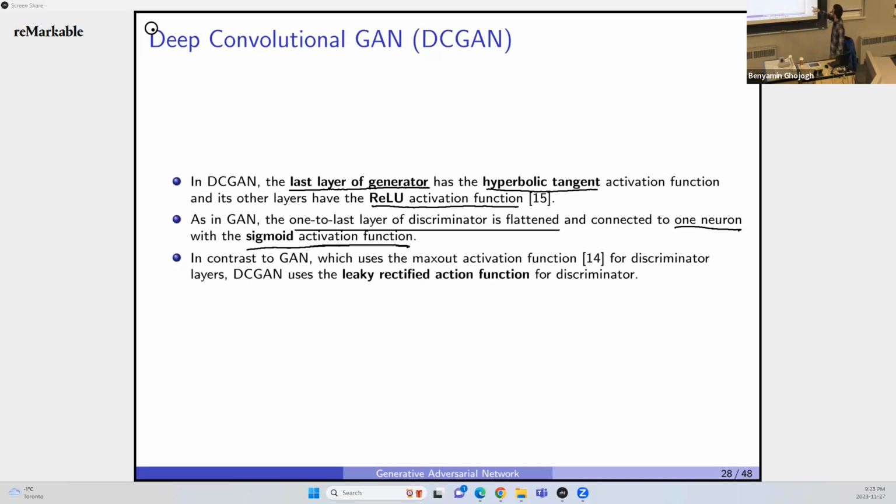In contrast to GAN, which used the maxout activation function for the discriminator, do you remember? They use leaky ReLU in the discriminator. They have tried different things and said that this works better.